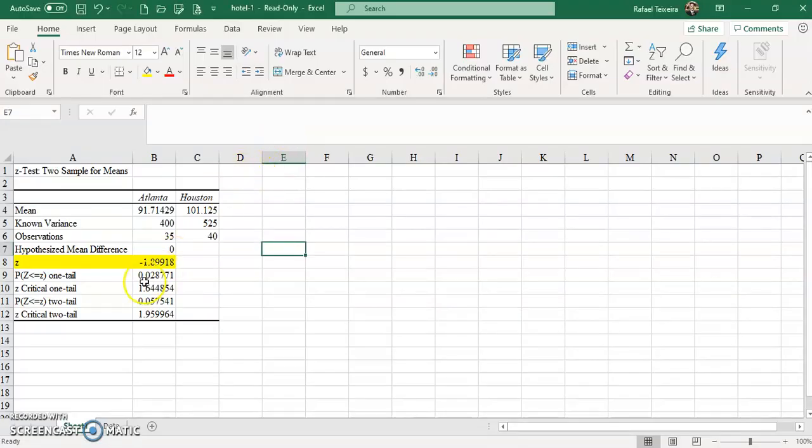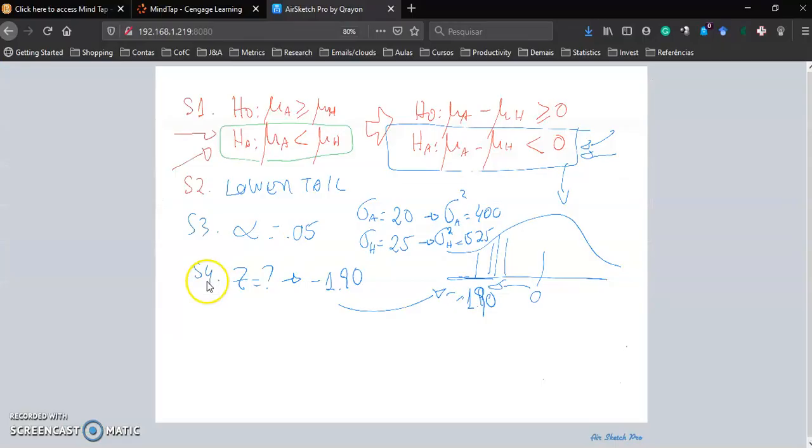I'm going to use the p-value approach. This is the p-value for a one-tail test. The p-value for a one-tail test is 0.02. We could say 0.03 if we round up. So step number 5, using the p-value approach, the p-value is equal to 0.03.